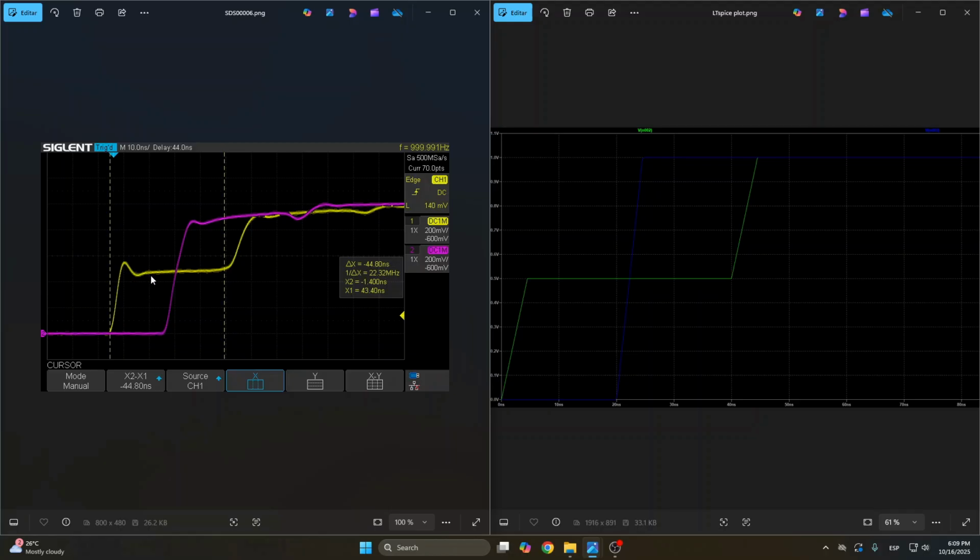In our simulation, this delay was exactly 40 nanoseconds because that was 2 times the propagation delay of our transmission line.